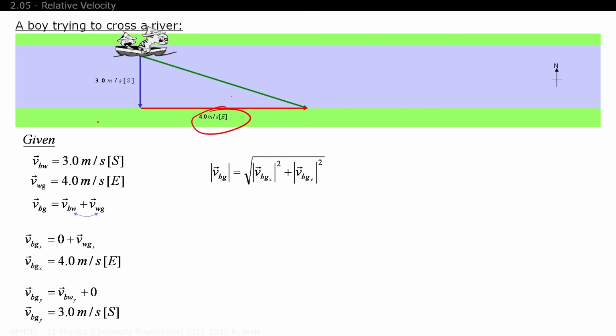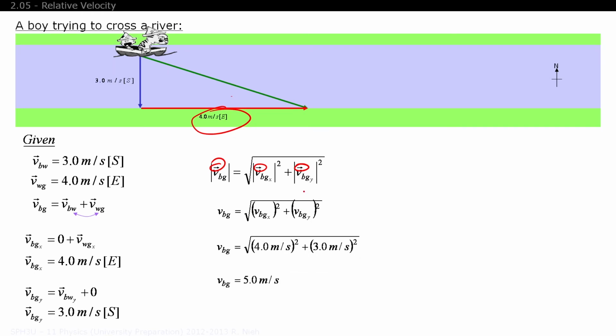We can use the Pythagorean theorem in solving it. Now this one looks rather complicated, but we can simplify it by simply erasing the arrows. Once you remove the arrows, it becomes a scalar quantity anyways. We can then sub in all the values and get to our final answer.